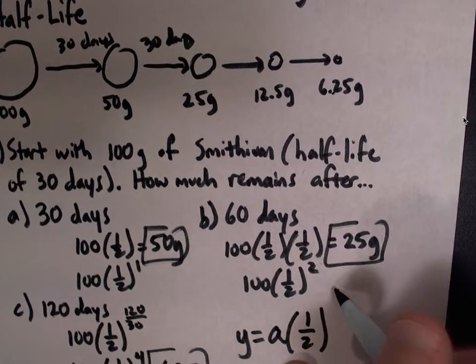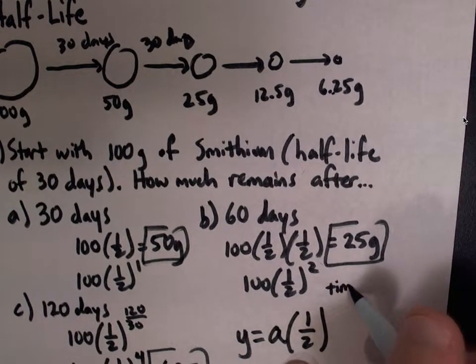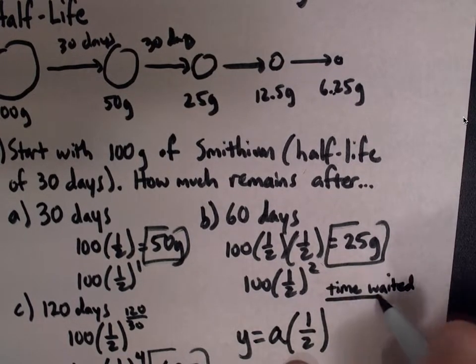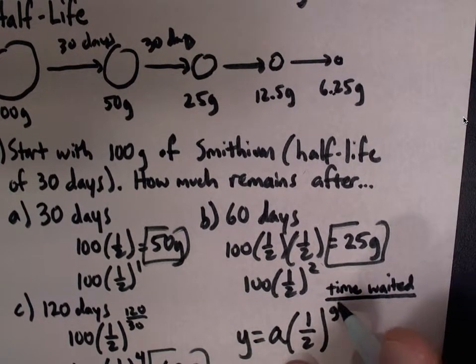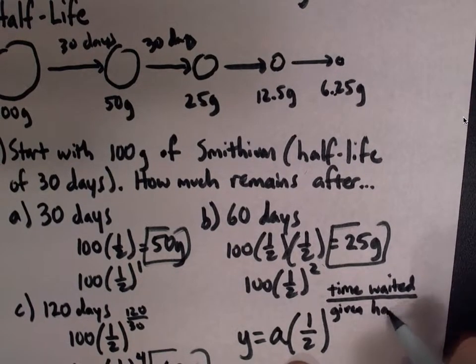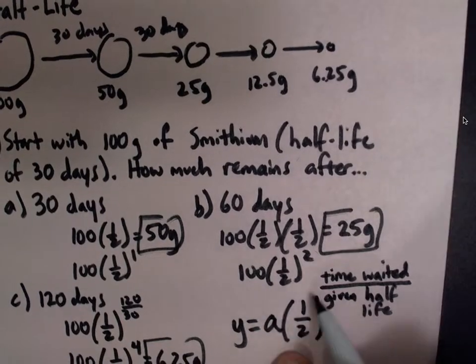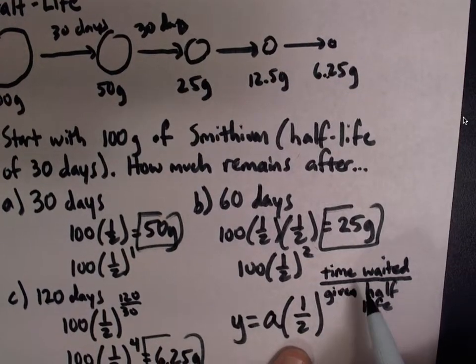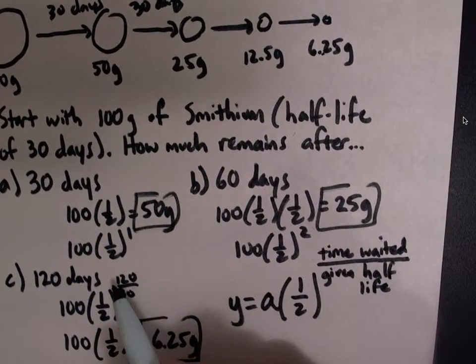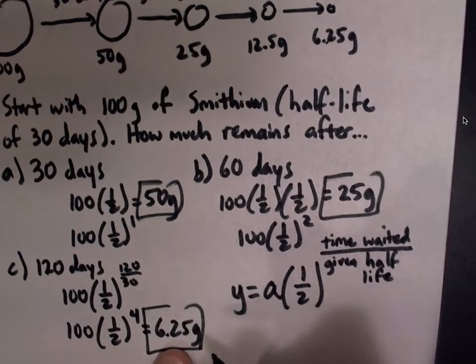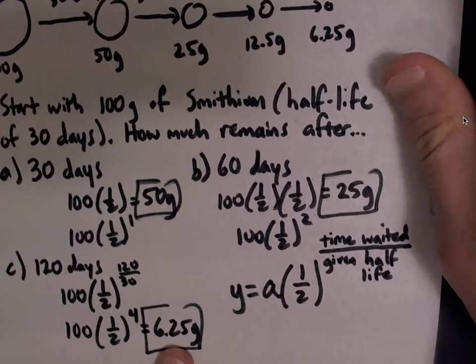So really we can call this the time weighted over the given half-life. So this is your exponent, the time weighted over the given half-life. So for this one, we weighted 120, the given half-life is 30 days, and there's 6.25 grams left after that.